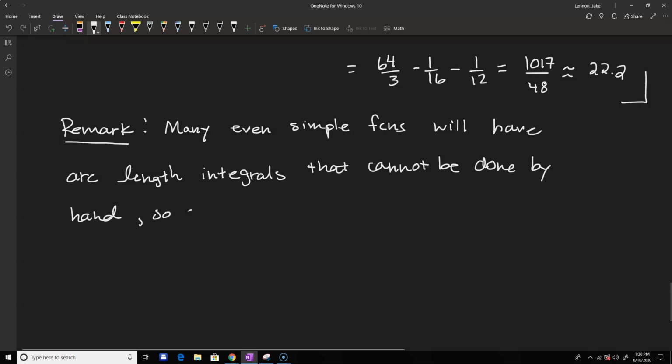So often we appeal to numerical methods, so just using a calculator, or Desmos is another site I like very much.